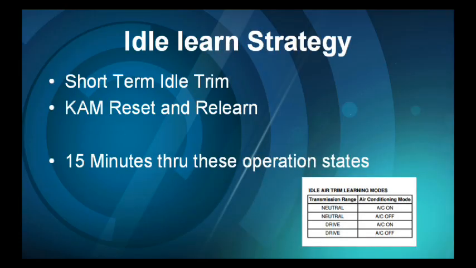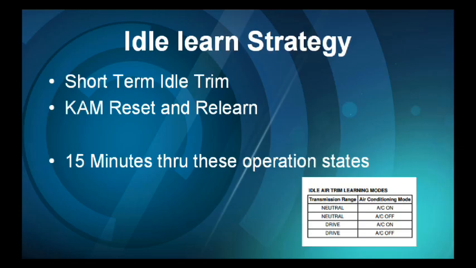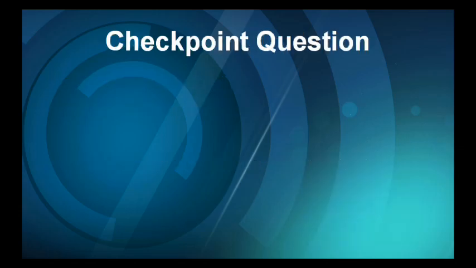Pretty much as you see here, give the computer time to do an idle relearn strategy. So if you don't have that process in your scan tool, make sure that you give the computer time to do the relearn. And it may take up to 15 minutes.